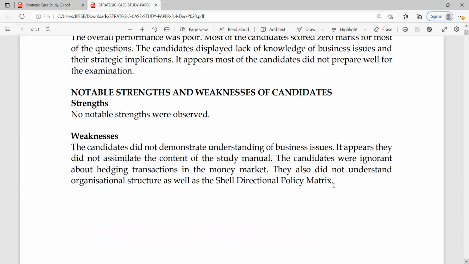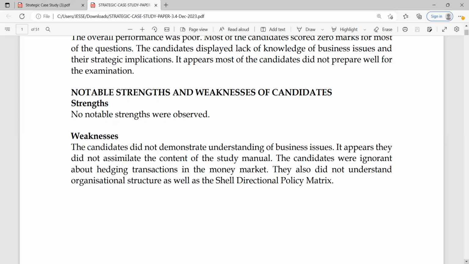Again, you look at the notable strengths and weaknesses. In the weaknesses, you see that there was a poor understanding of business issues, and the candidates were ignorant about hedging transactions. They also did not understand organizational structure as well as the Shell directional policy matrix.